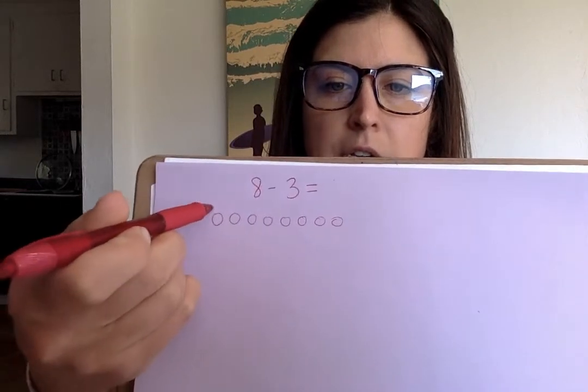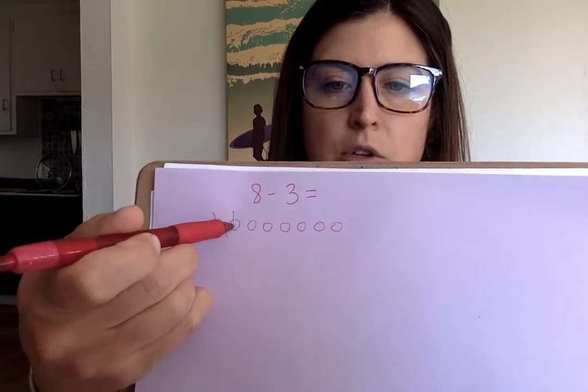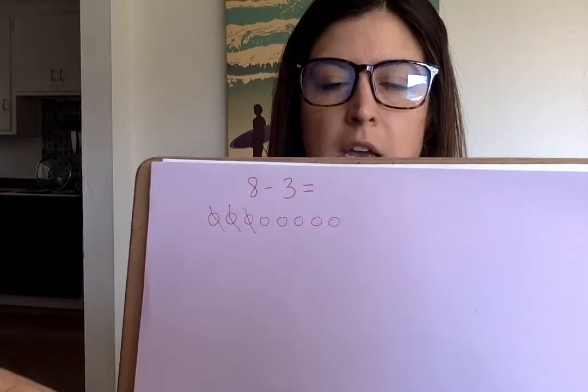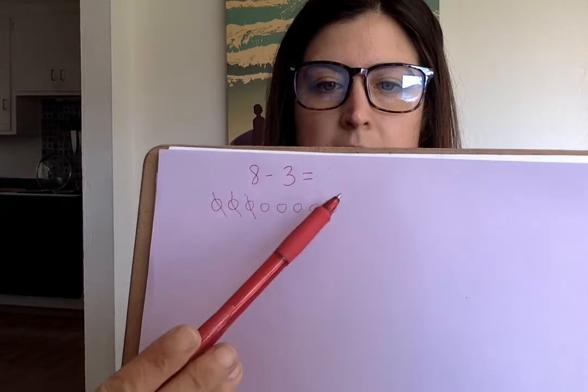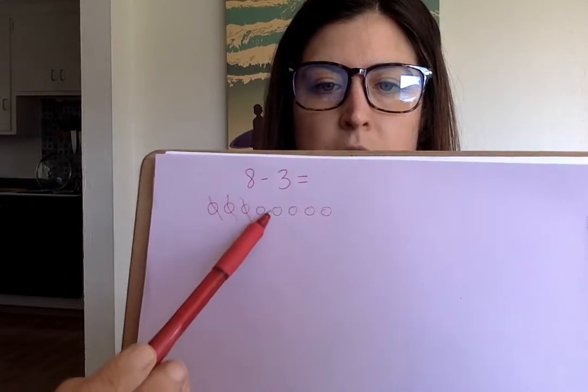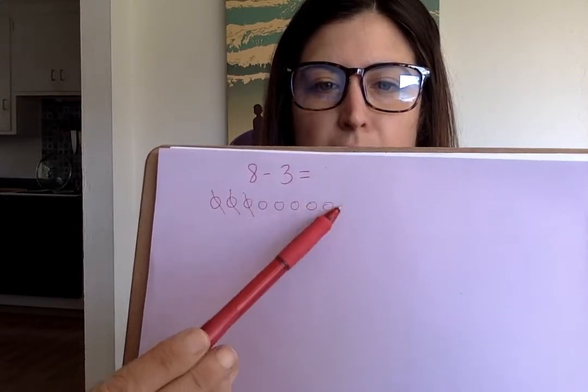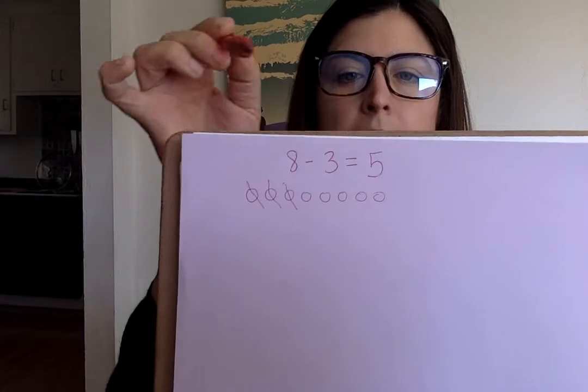So now I'll cross out 3. 1, 2, 3. And now I know what the difference is. All I have to do is count these and write the number. 1, 2, 3, 4, 5. The difference is 5.